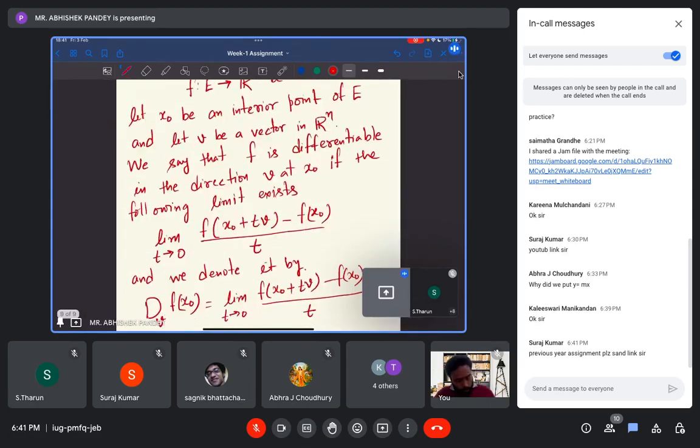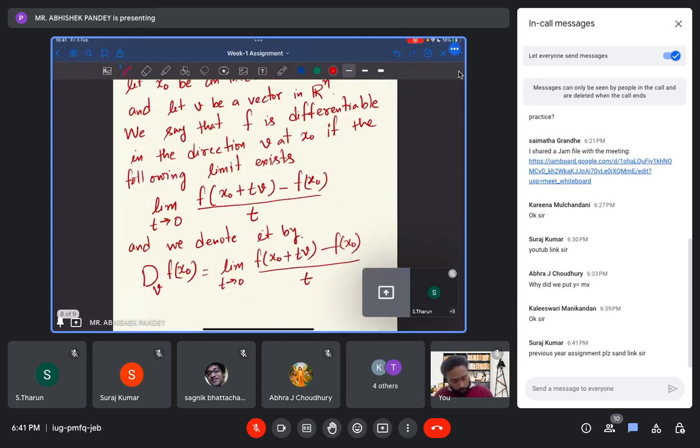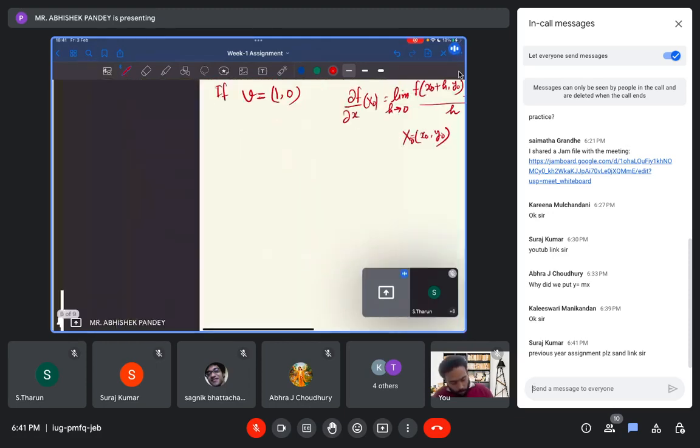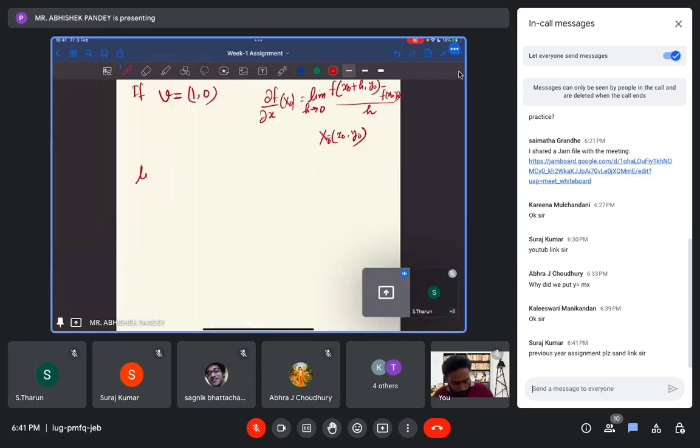So once you put v equals to 1 comma 0, you will get the same thing. This limit will become limit t tends to 0 f of x naught plus t comma y naught, that is x naught comma y naught plus t into 1 comma 0, minus f of x naught comma y naught upon t.